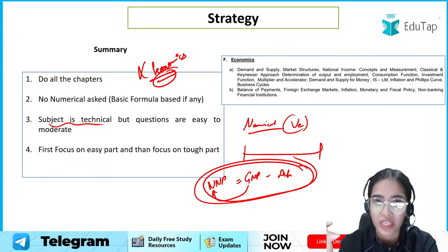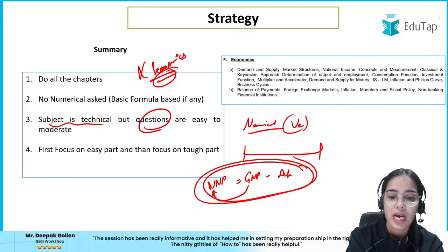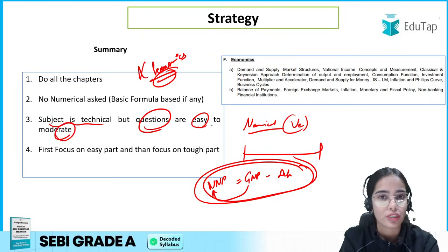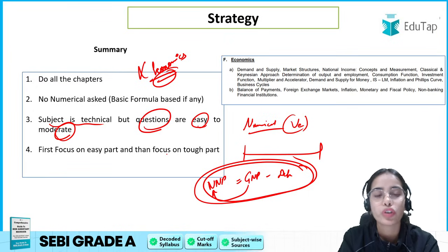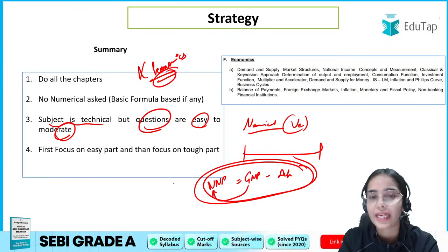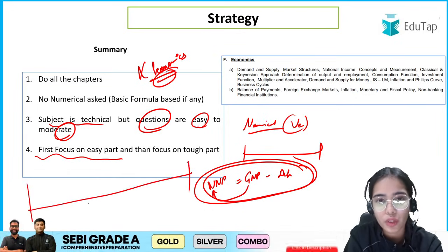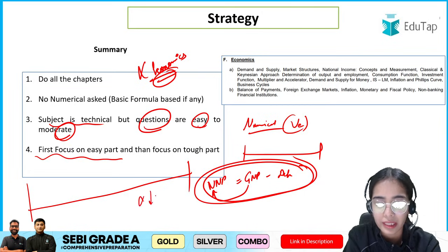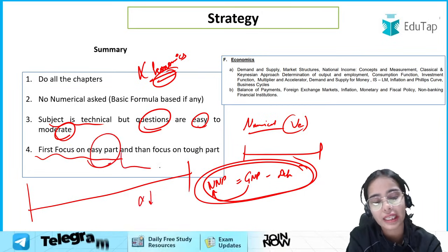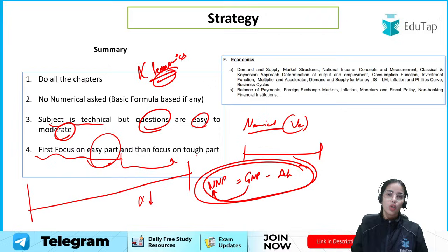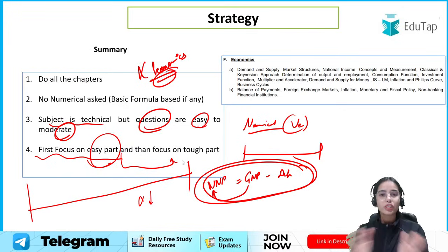But questions are easy to moderate. Most of the questions, even in Phase 2 Paper 2, are easy to moderate and direct. First focus on the easy part. I have told you to focus on the width of the topics rather than depth. Once you have done the easy part, then if you want, you can move to the tough part also, but focus on the width of the coverage first.